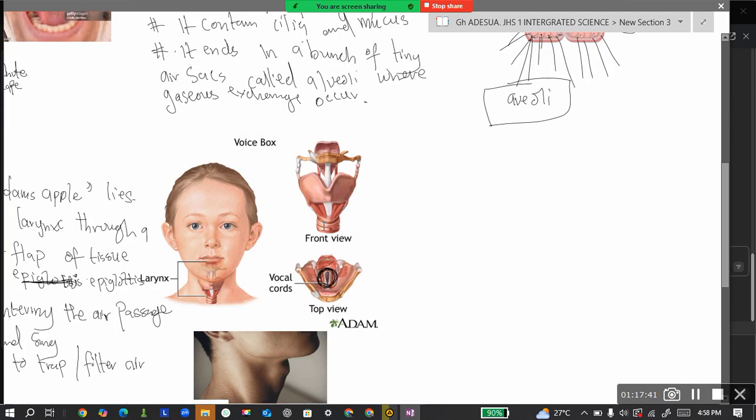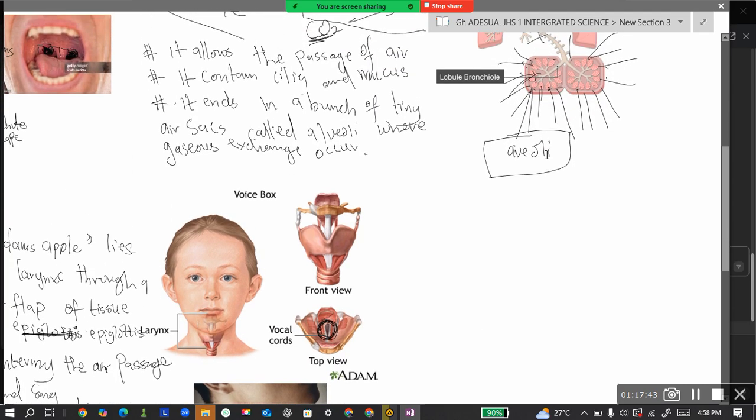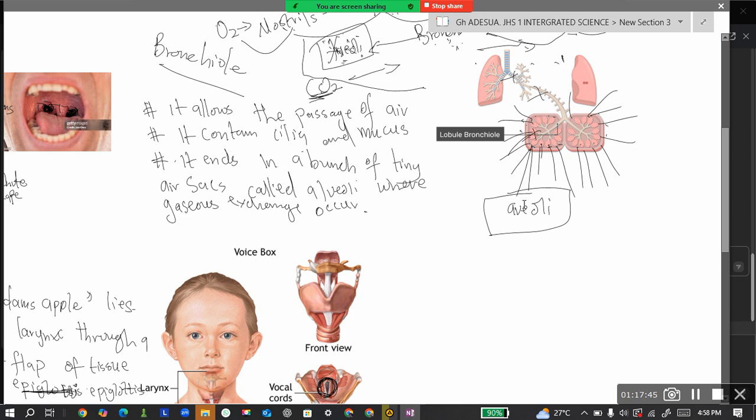Alright, so let's take a look at the last one. That is the alveoli, our last point. The plural form is alveoli. The singular form is what? Alveolus. Yeah.